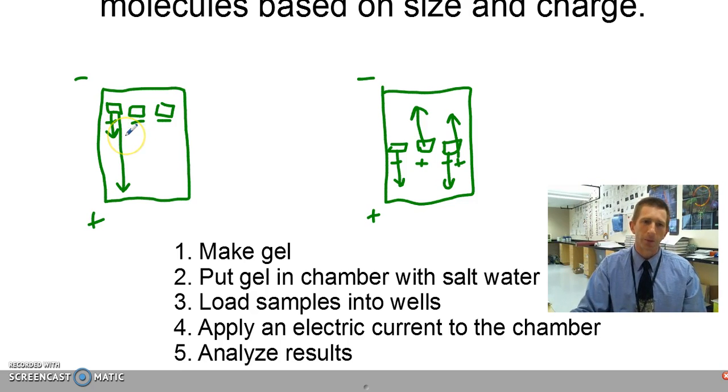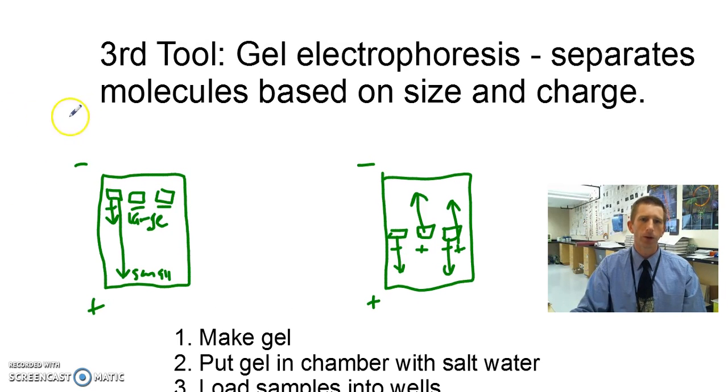You're right, the large ones, because typically large things move slower than small things. So large pieces of DNA will stay by the well, and then small pieces of DNA will travel farther and faster. Okay, so that is our third tool, gel electrophoresis of biotechnology.